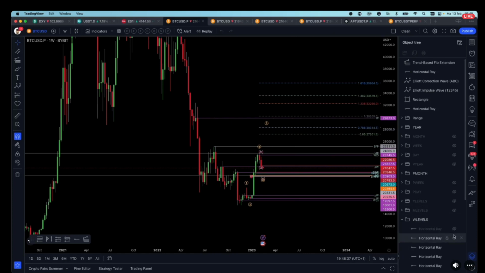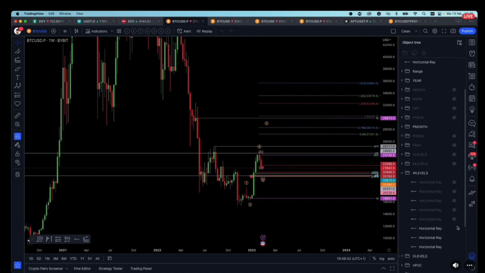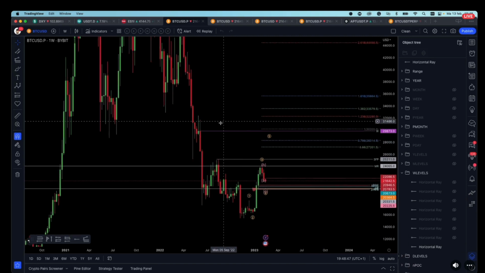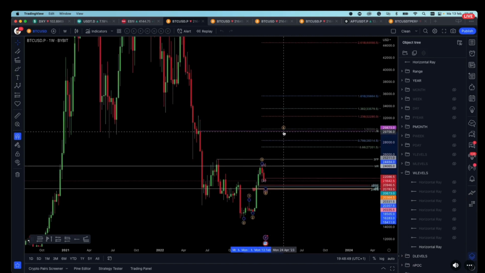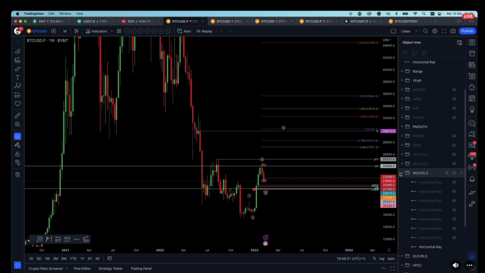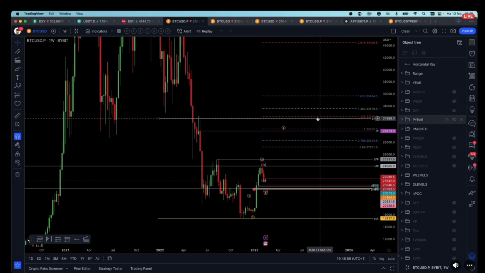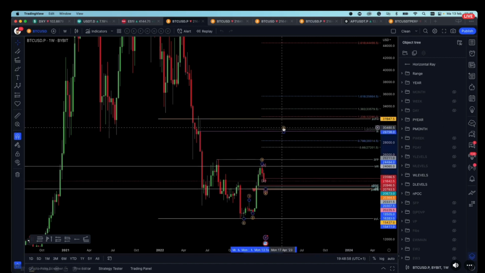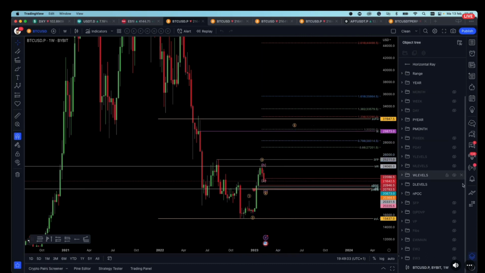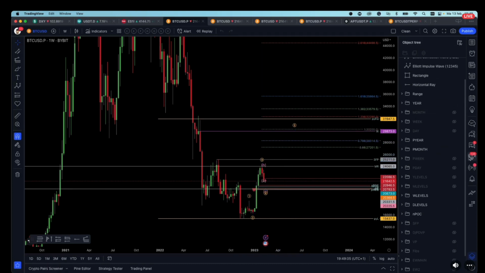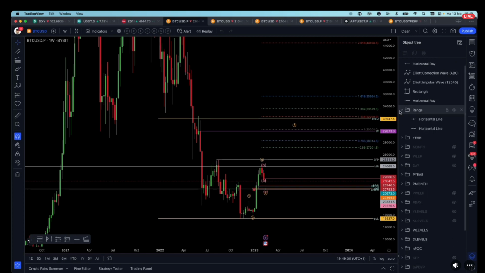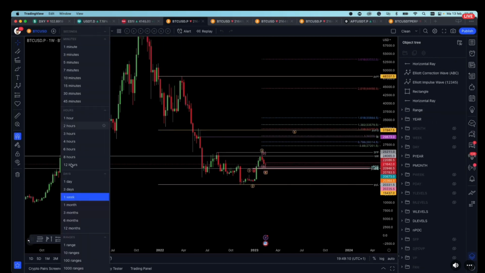So let me just close those that we don't need. Yeah, so this is a previous weekly level, a very important level. I do also want the previous year equilibrium, another very important level. And I do want my ranges, because the range is also very important. I guess I've lost those.